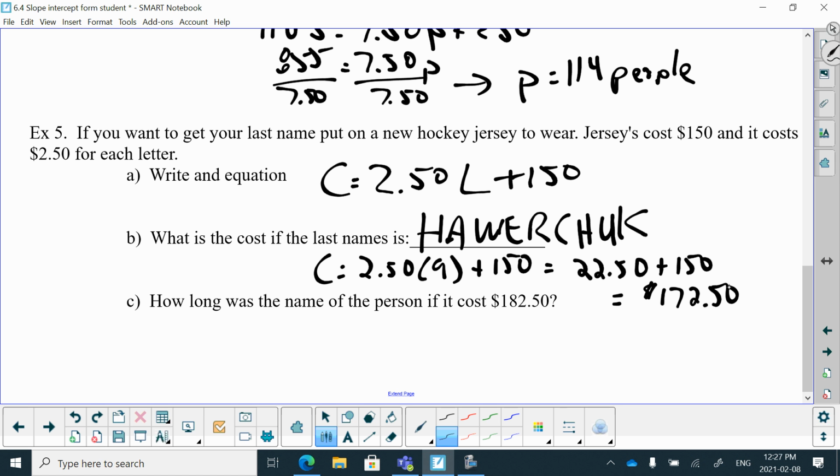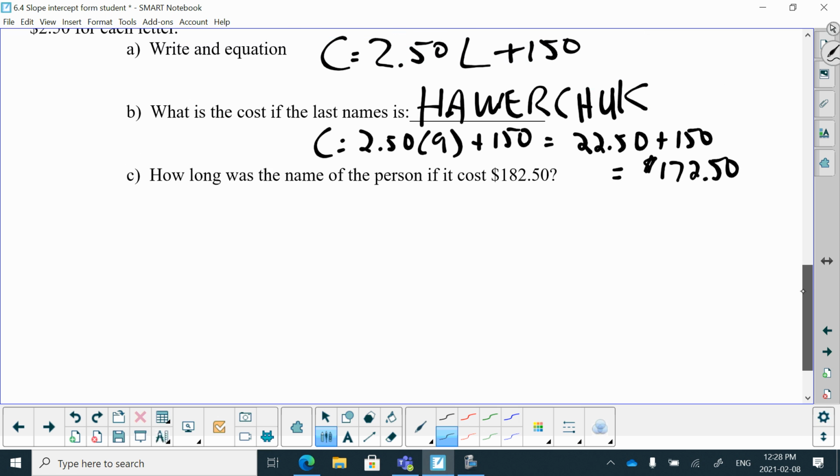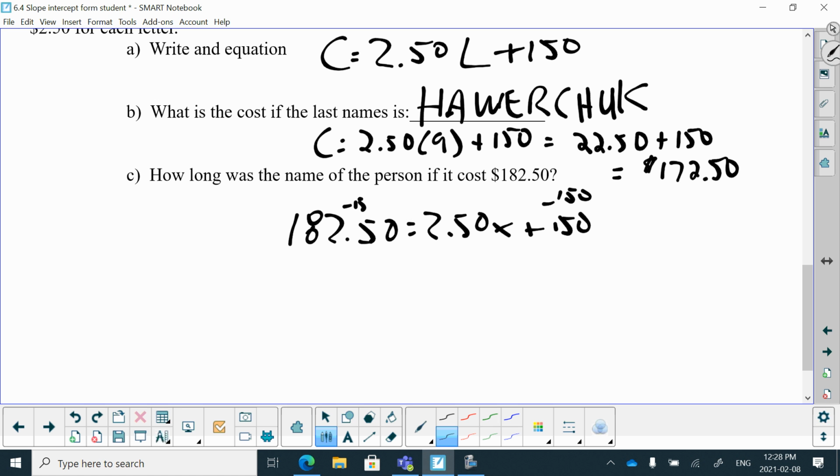One more question. How long was the name of the person if it cost $182.50? How long was that person's name? Darren? 182.50 equals 250 x plus 150. Okay. And then subtract 150. 32.50.